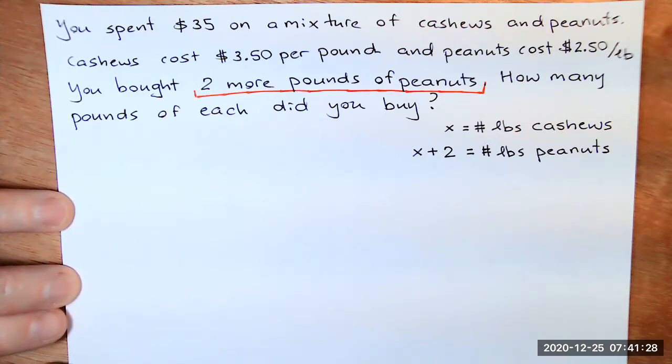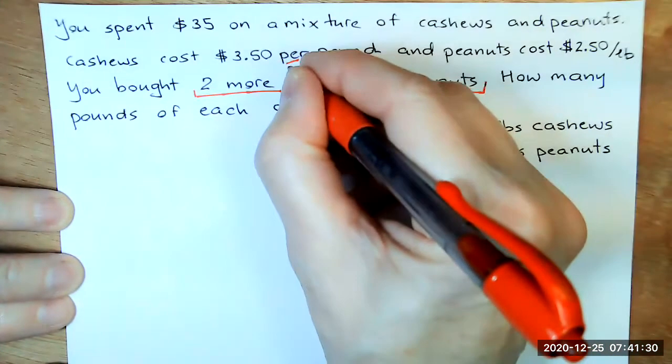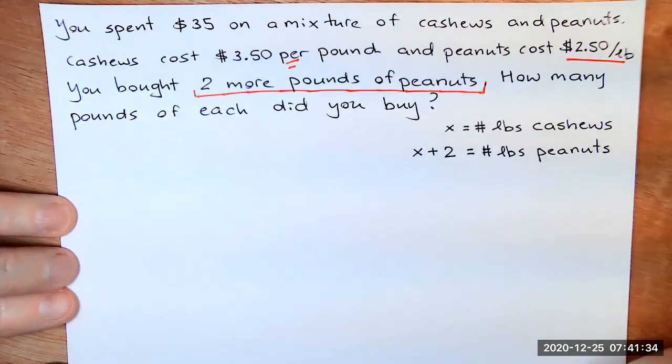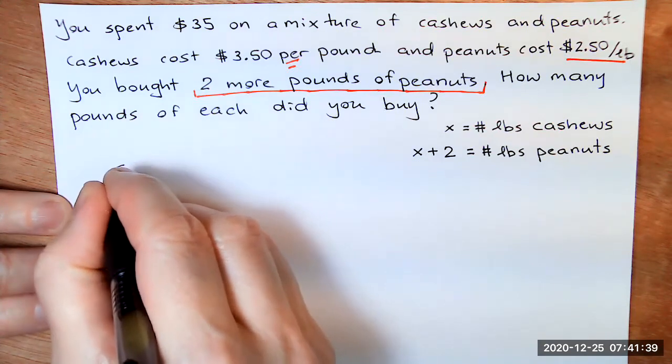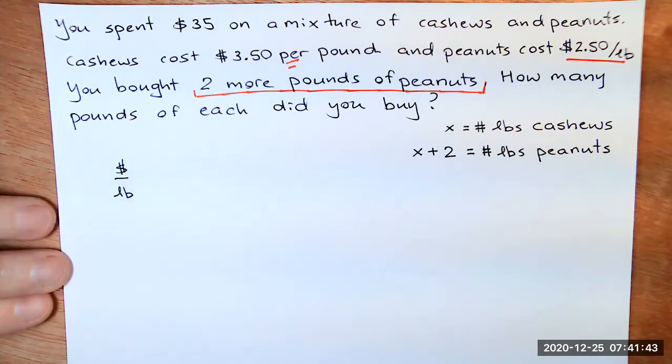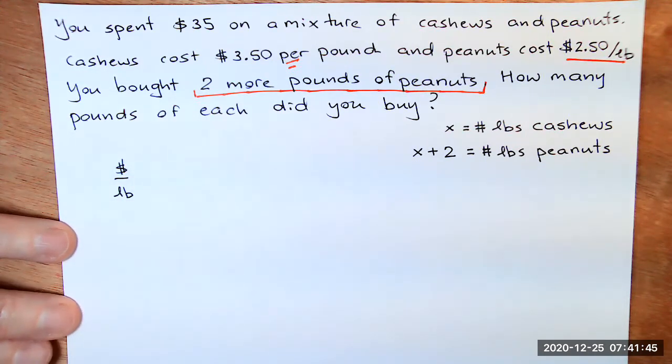All right, and then you saw these rate words. So we know it's a rate problem, and the rate is dollars per pound. So then you're going to write your rate equation.